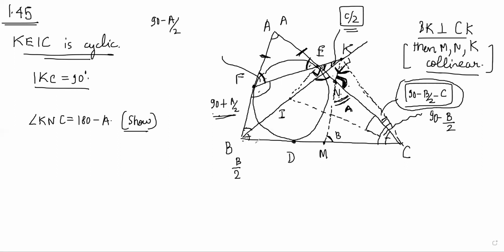And then KMB is 90 plus half C. This angle. Yeah. So we know BKM.